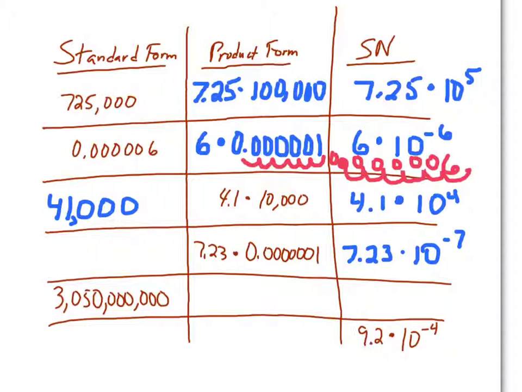So rewriting that over here, I'm going to have 7.23, and actually let me slide that over just a little bit. Before I put it in the box, I'm going to move this over 7 times. 1, 2, 3, 4, 5, 6, 7.